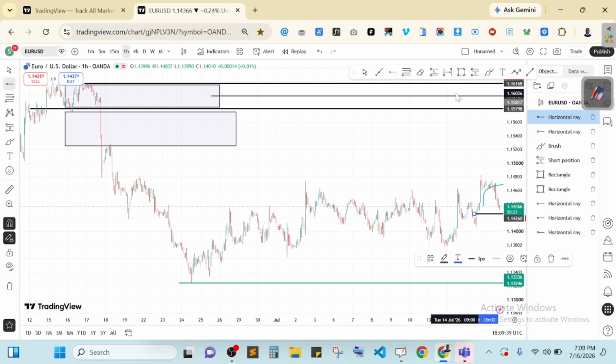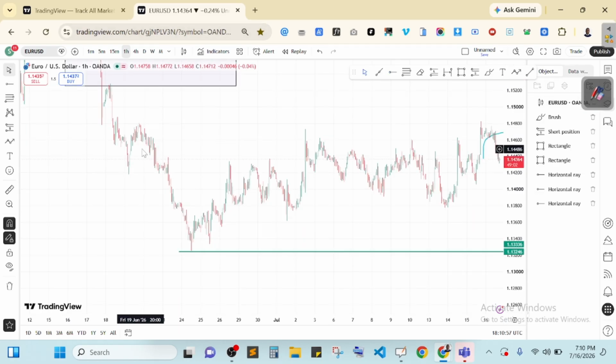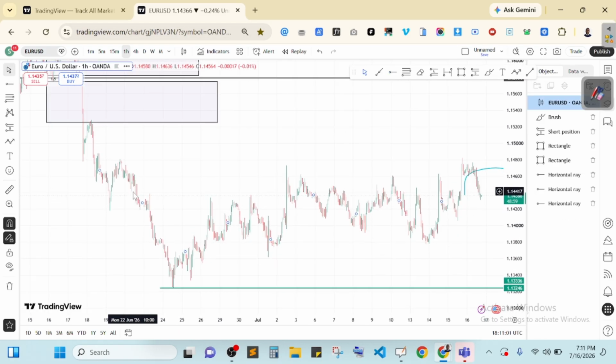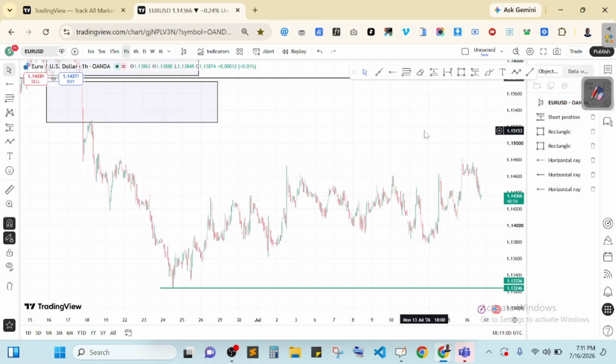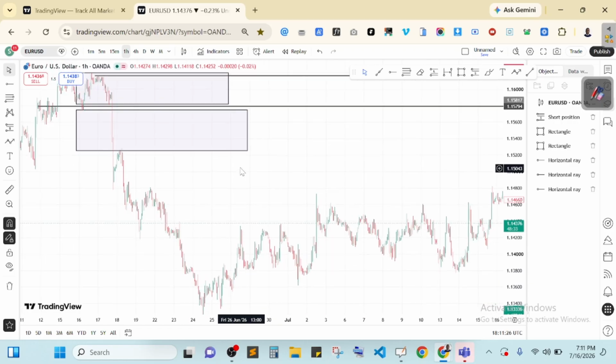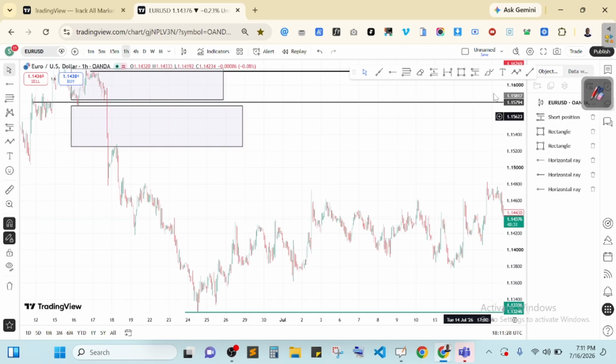So I will wait for the price to get to that level. The question now is, how will I enter this market when the market gets to this level? If you pay attention very well to the structure here, and don't be lazy to identify structure, it will enable you to understand what you are doing. Though we already have interest zone, that does not mean that when the market gets there, it will buy or sell. So you need to stay on the market to know what the market is doing. So looking at this place now, you're supposed to first go through the structure and know what is going on.